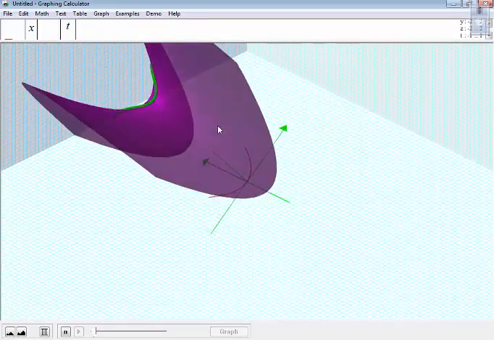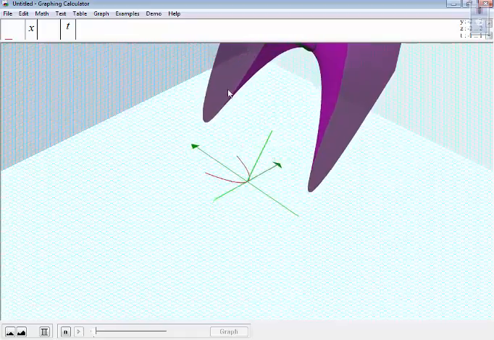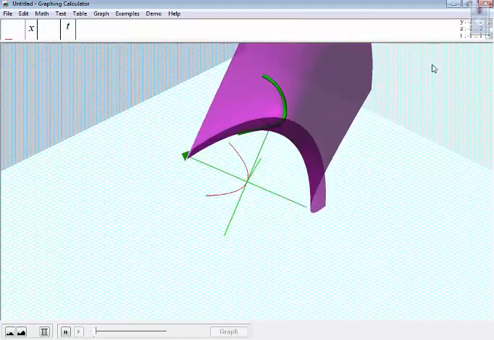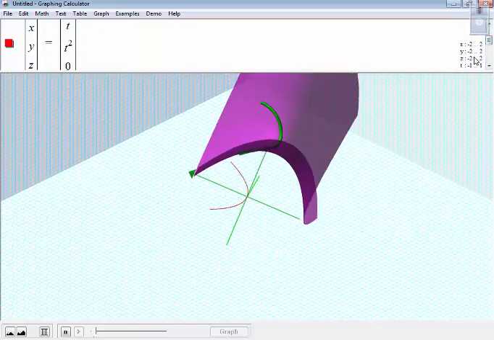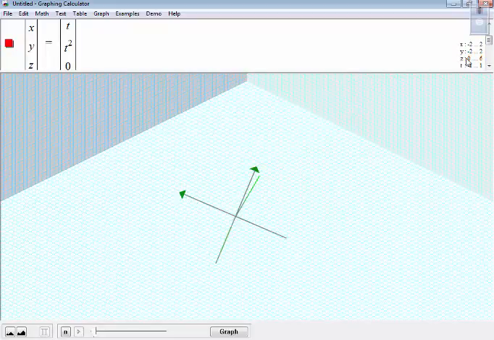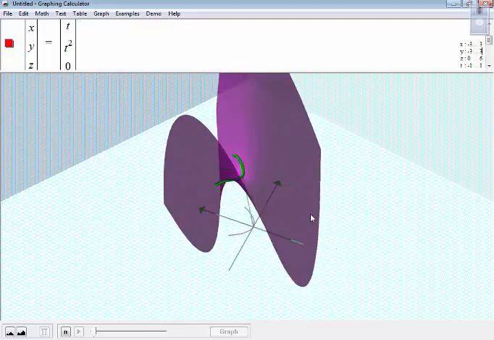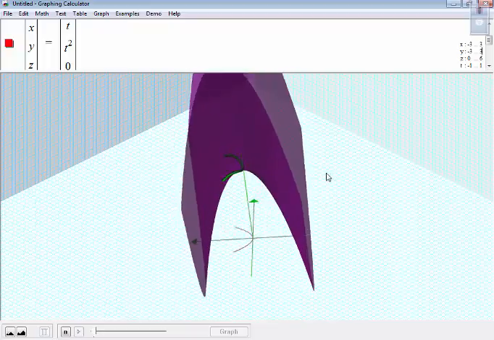So you see that that curve is actually on the surface. Why is it like that?